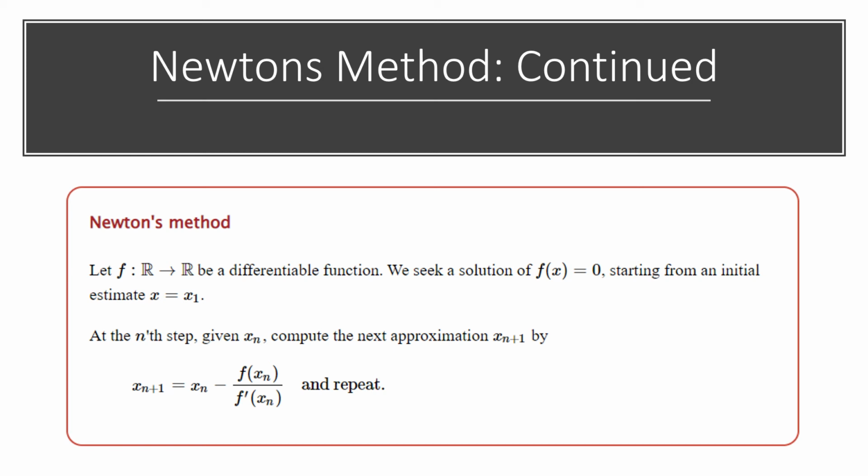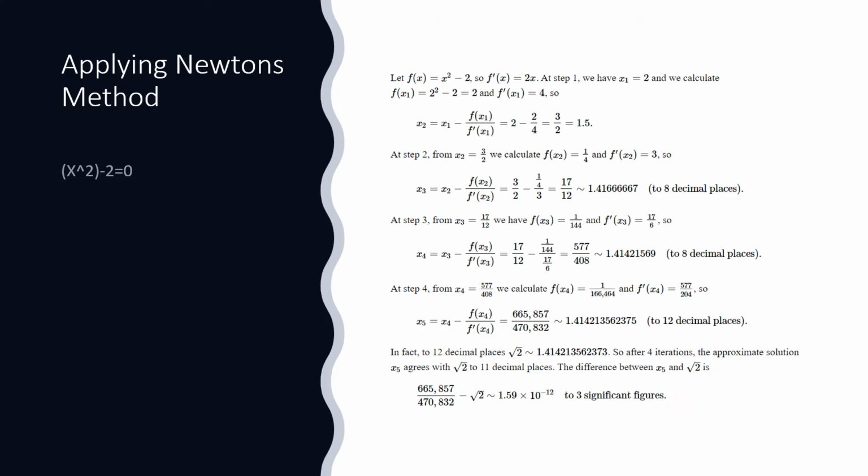At the nth step, given xn, compute the next approximation, xn plus 1, using the formula: xn plus 1 is equal to xn minus f of xn over f prime of xn. Then we repeat the process over and over again until we find what we need.